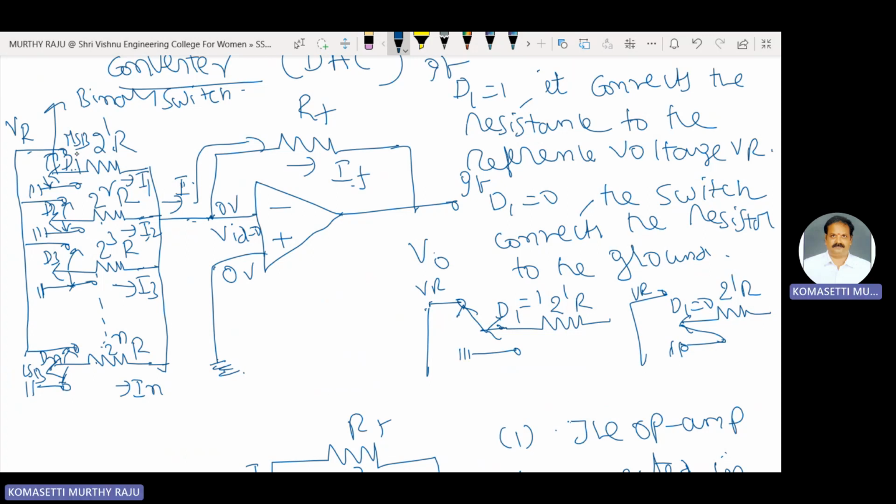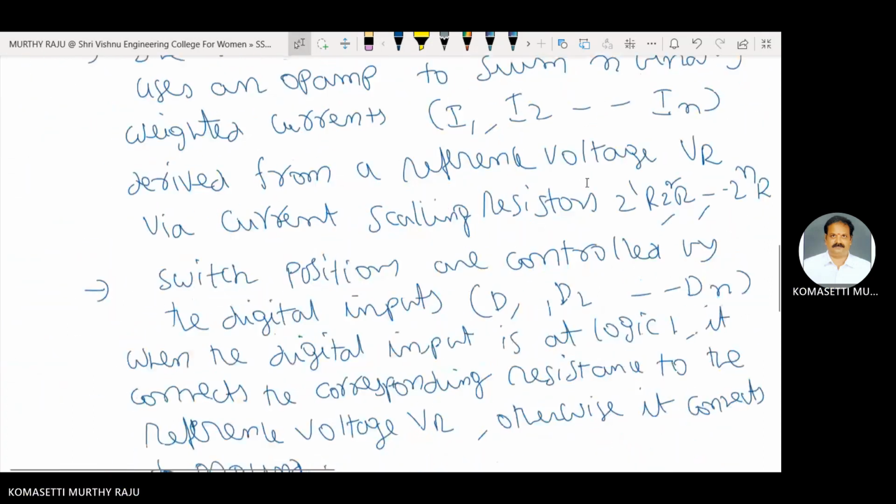It depends on the D1 value. If D1 is equal to 1, that corresponding resistance, that is 2R, is connected to VR. Therefore, I1 is equal to VR by 2R into D1.